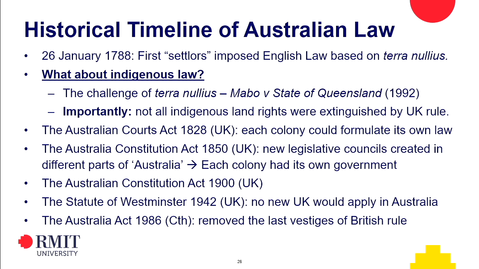And then in 1986, under the Australia Act, we broke all of that. What's important, though, is that UK law still is good law in Australia if it hasn't been overwritten by our own law. So the Statute of Frauds is a really good example of an act from the UK that's still law in Australia.